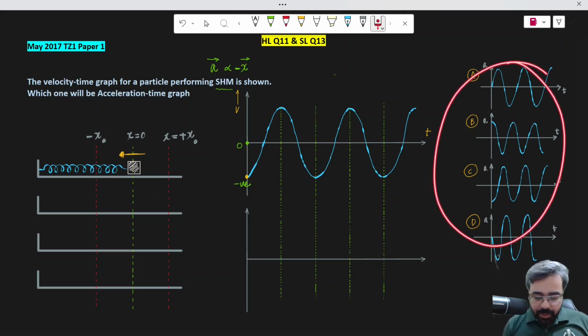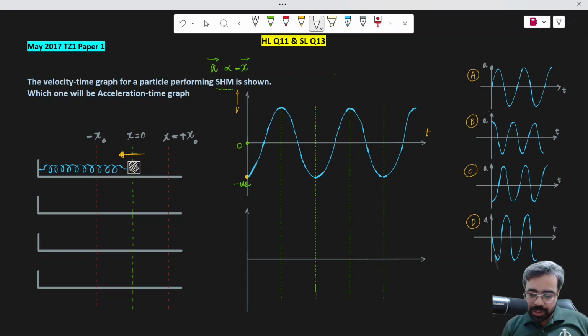So let us see. In order to check how the acceleration will change, first of all we should give the values of time, right? Because this is a half cycle, I would say it is T by 2, and the same is here, T by 2.